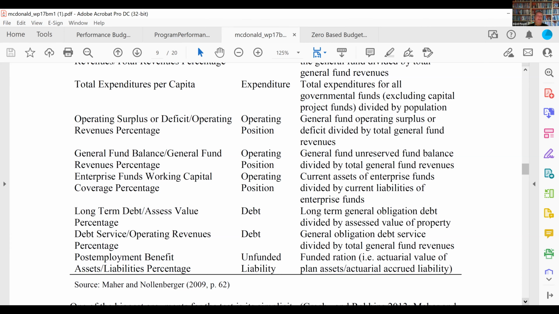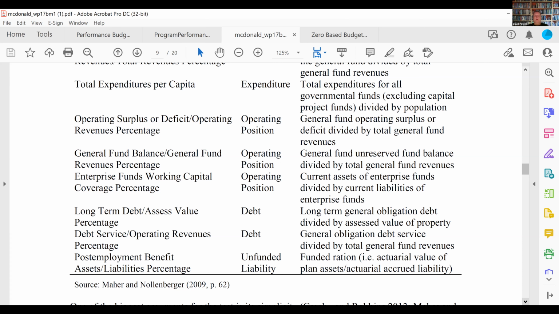But general obligation debt is essentially debt where you promise that you will use all your resources at your disposal to repay the investors who purchase your general obligation debt. So your long-term general obligation debt that matures in more than 1 year, divided by the assessed value of your property, your tax capacity.